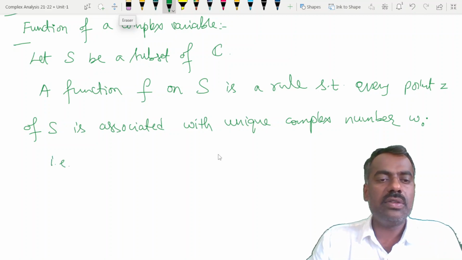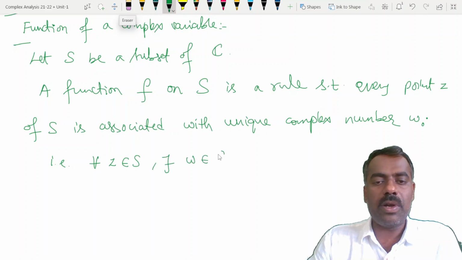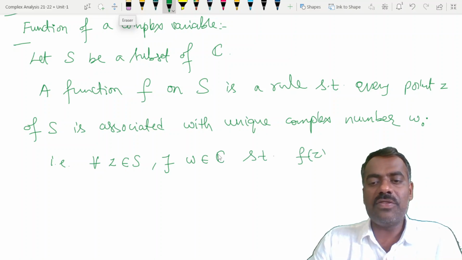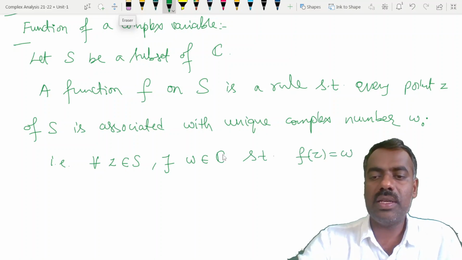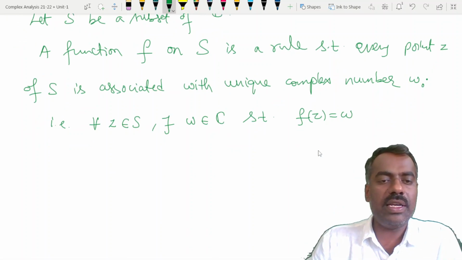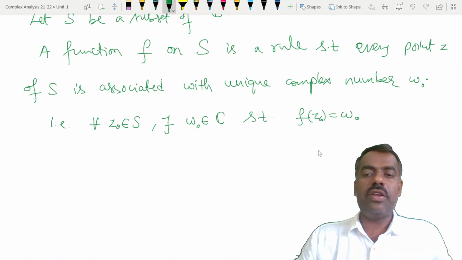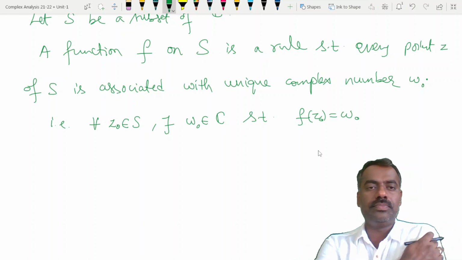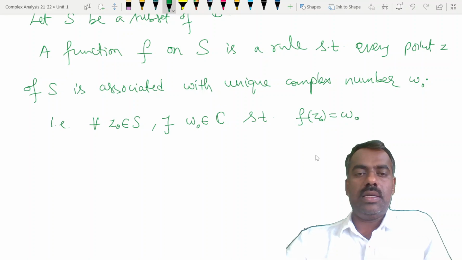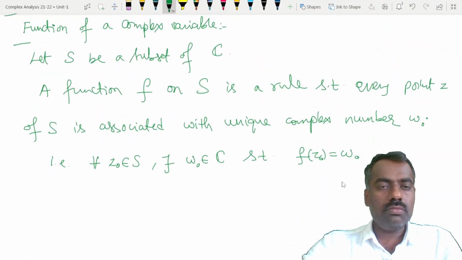For every z of S, there exists w in C such that f of z is equal to w. Or if you want, you can write z naught, then w naught. Are you following?